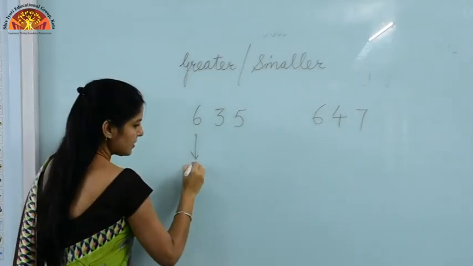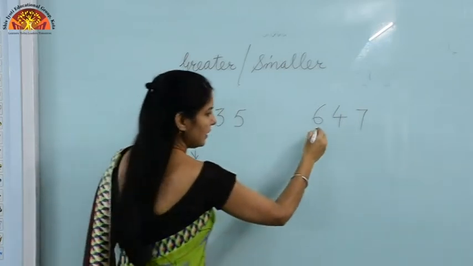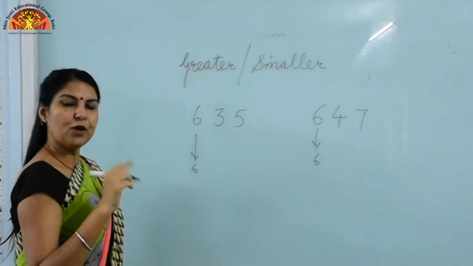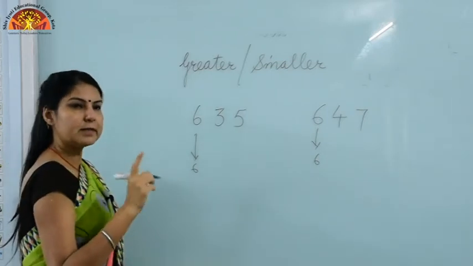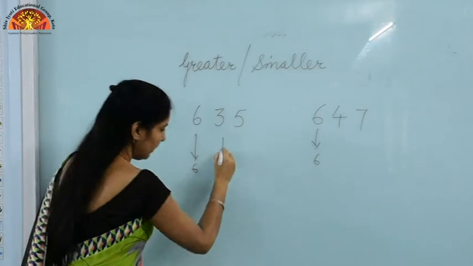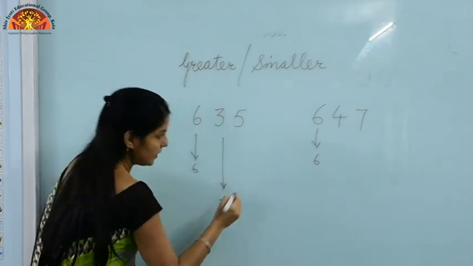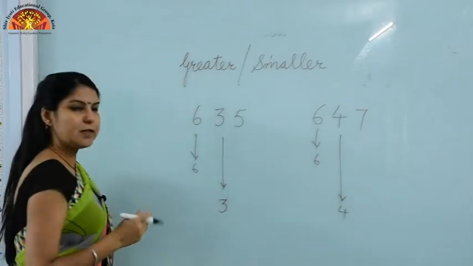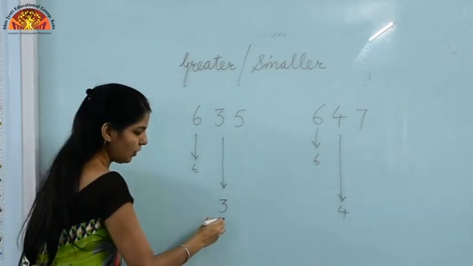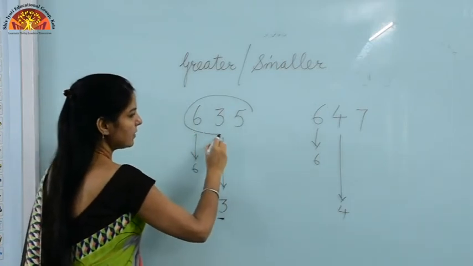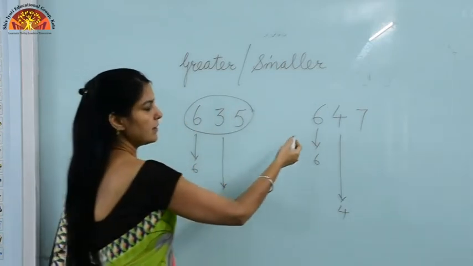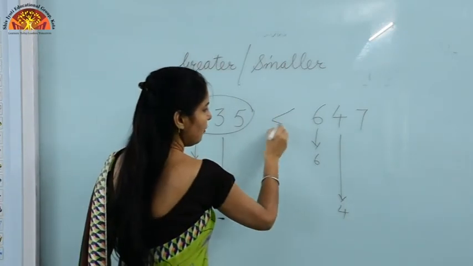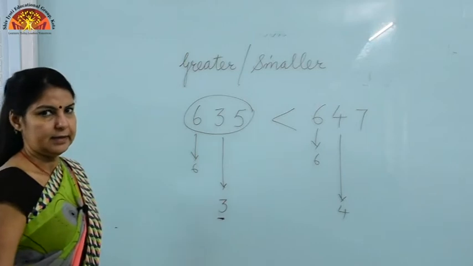Here 6 is at the hundreds place, here 6 is at the hundreds place. Both digits are the same. So what will we do? We will compare the digits at the tens place. Here 3 is at the tens place and here 4 is at the tens place. So which number is smaller here? 3 is smaller. So the whole number 635 will be smaller than 647. I hope you have understood, and this is the sign of lesser than.